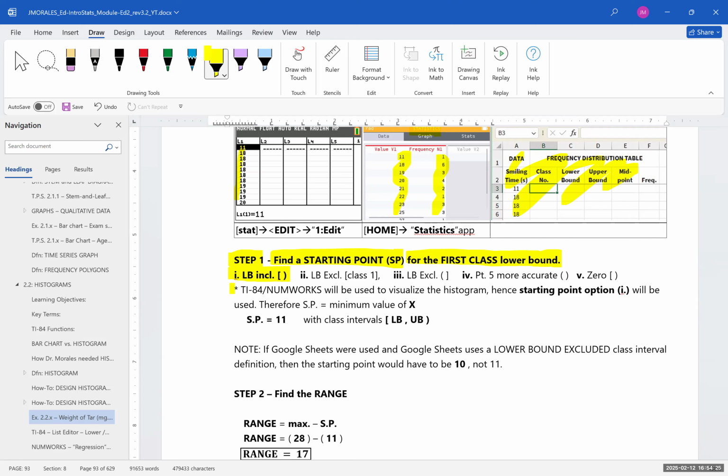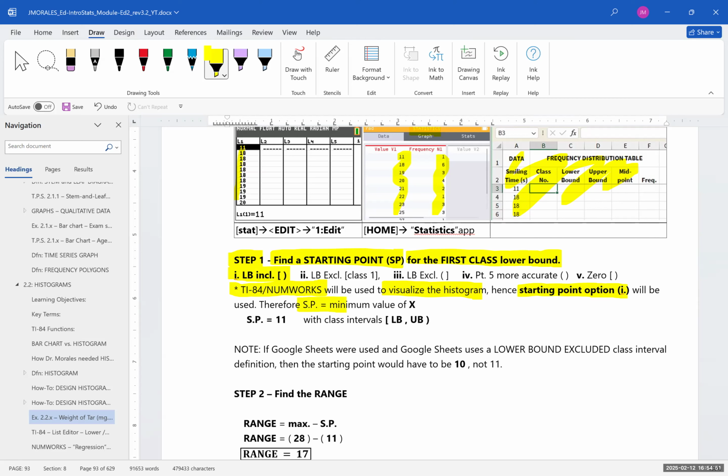This is conducive for calculators, where the Texas Instruments and the NumWorks calculators define their intervals this way. And since we're going to be visualizing the histogram with our calculators, this seems like a natural place to start. So our starting point option is going to be this one where the lower bound is included.